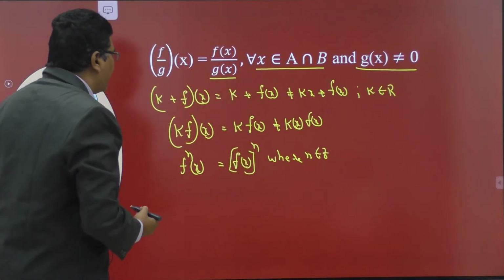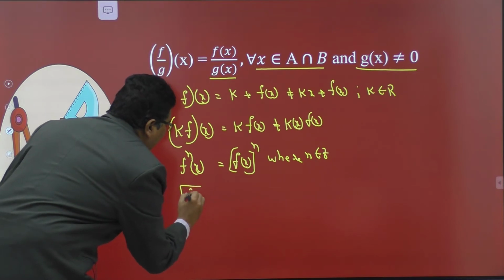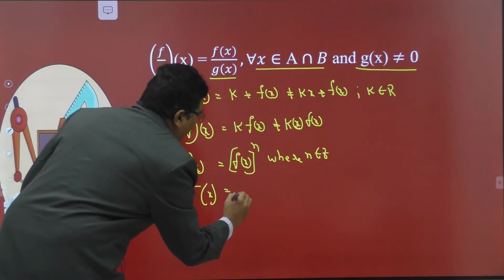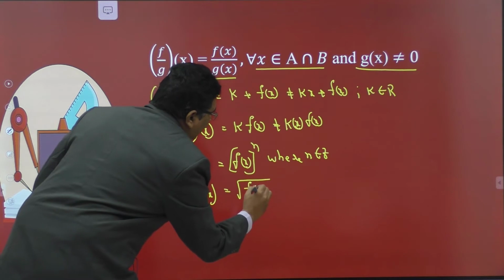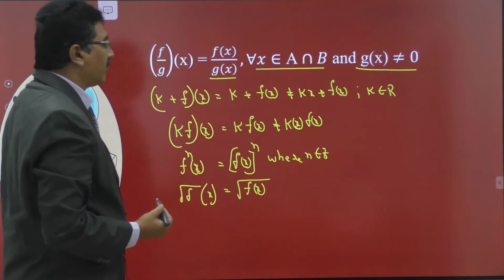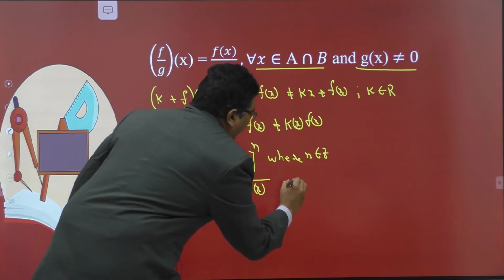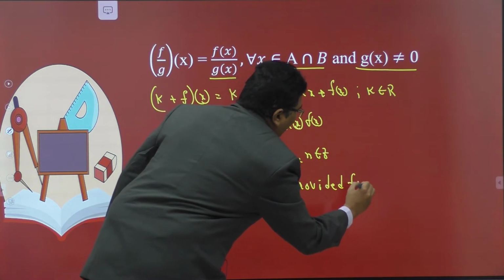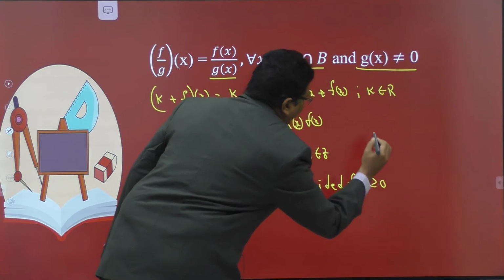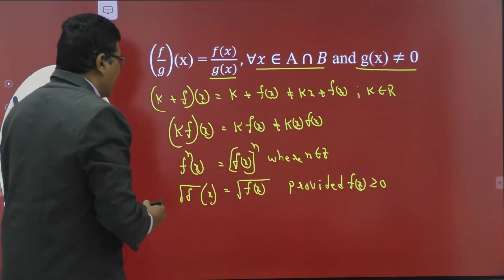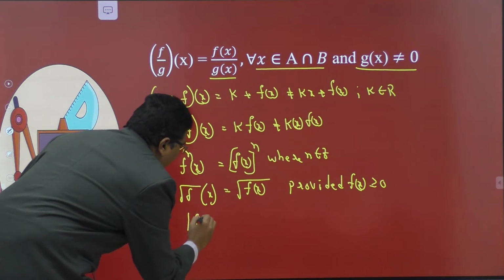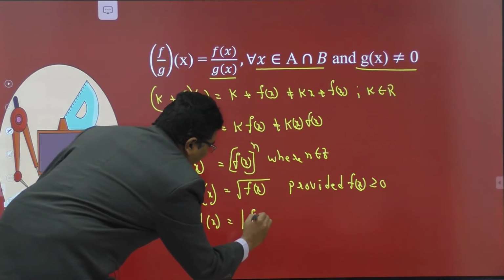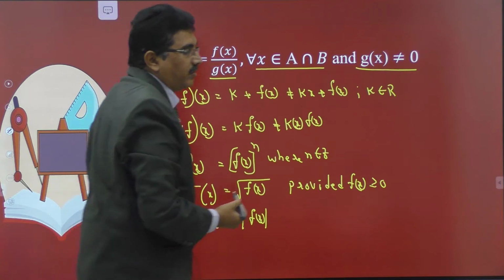Now, root f of x can be defined as the square root of f(x), provided f(x) is greater than or equal to 0, and mod f of x is equal to the modulus of f(x).